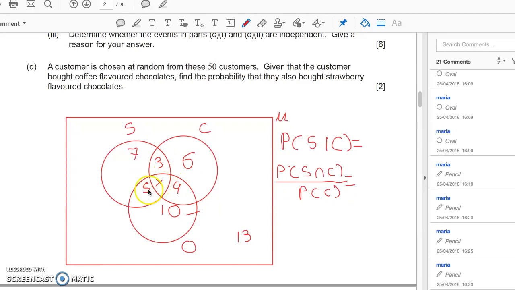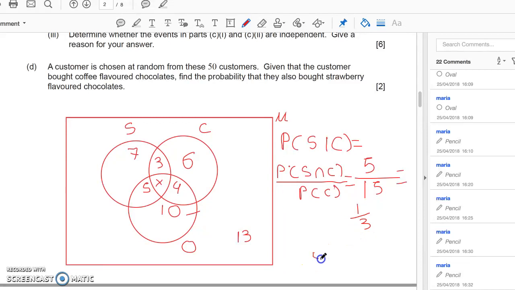That makes 15. Strawberry and coffee is a 5, and all the coffee together makes 15. I could divide everything by 5, making it 1 divided by 3.